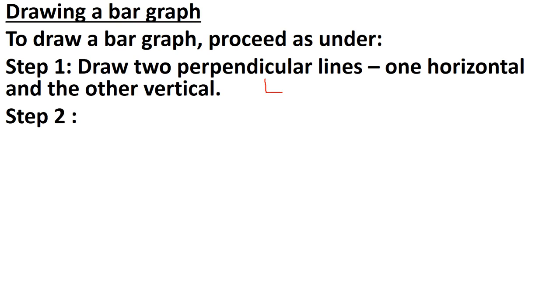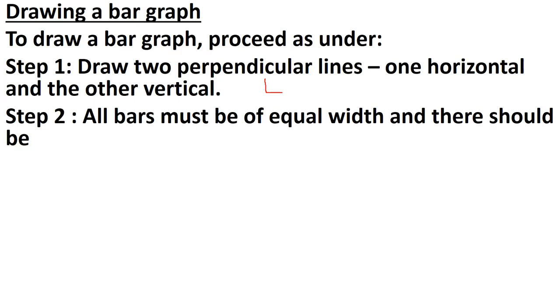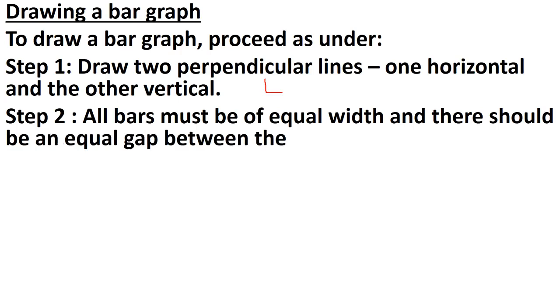Step second. All bars must be of equal width. And there should be an equal gap between the adjoining bars. Width means चौड़ाई. So the width of two bars must be equal. It is not like this. Let me tell you here only.